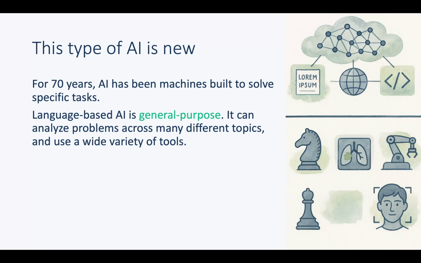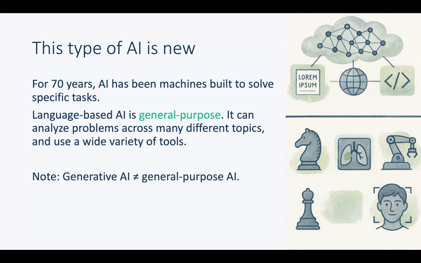It can analyze many different types of problems. It can use language to manipulate tools and call tools to solve many different types of problems. This makes this new AI much more versatile, much more useful, and much more economically valuable. And this is why we have this new AI wave sweeping over the world.